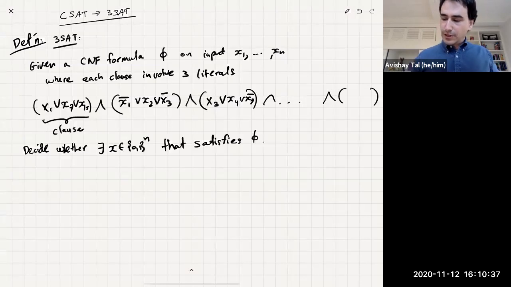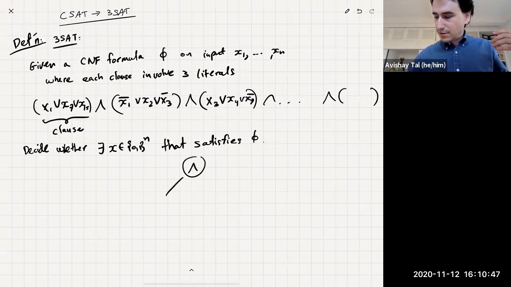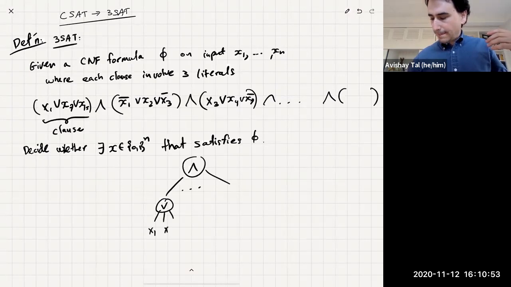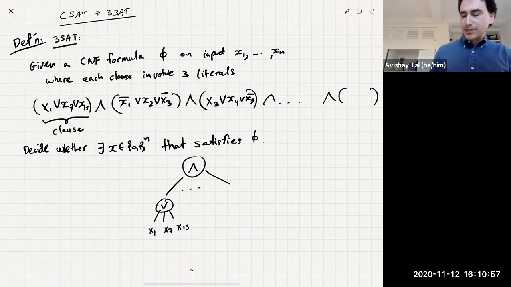Okay, so in particular, you can see that this is a special case of circuit SAT, because I can always write this expression as some kind of circuit, right? Just an AND of ORs. And so it's a special case. If I want to, I can make it into a binary tree, right?